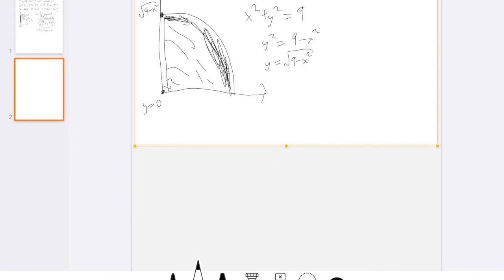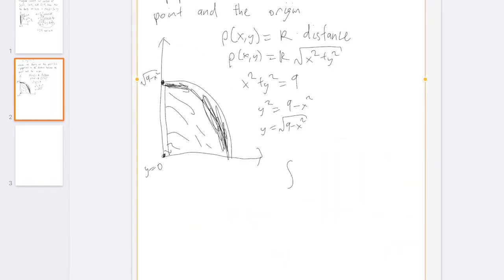So if we create a double integral, then we can plug in the bounds. So we would go from 0 to square root of 9 minus x squared, then multiply by our density function. Since we're going by columns, it's going to be dy and then dx. And for our x bounds, we're going to go to x equals 3.